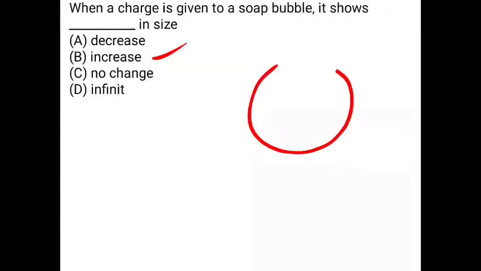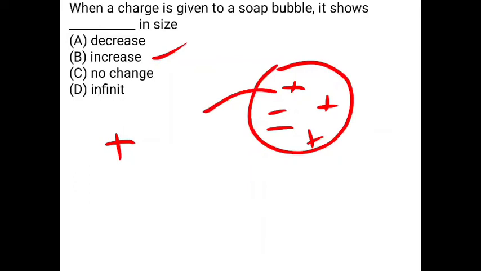That means if it is a soap bubble, there will be positive charge and negative charge, all are present. When we give a positive charge, here already positive charge is present, then there will be electrostatic repulsive force acting between these similar charges. So as a result, there will be an increase in the size of the soap bubble.